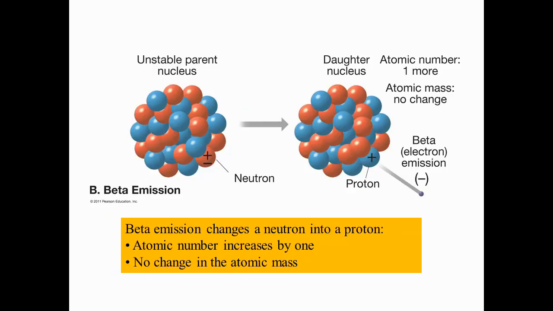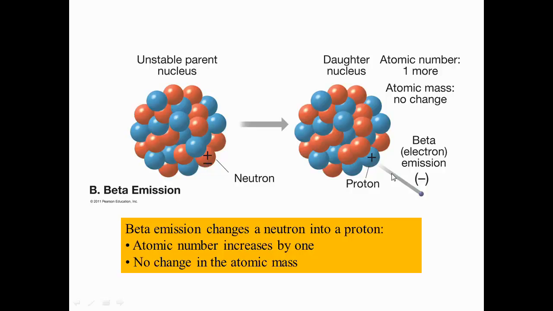Now, beta emission changes a neutron into a proton. And this results from the emission of a beta particle, which is basically just an electron. If we start out to the left with the original parent isotope, notice that one of the neutrons can be represented by both a positive and a negative charge. The idea is that the 2 charges cancel one another.